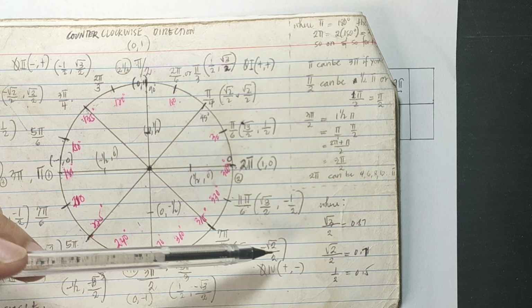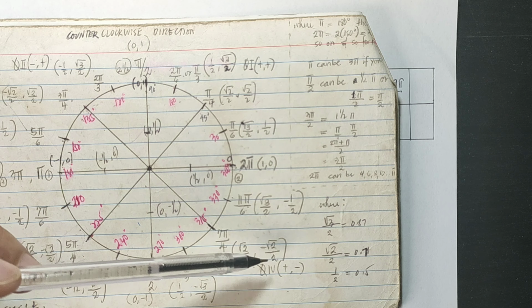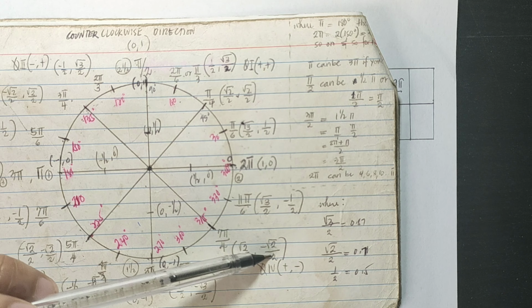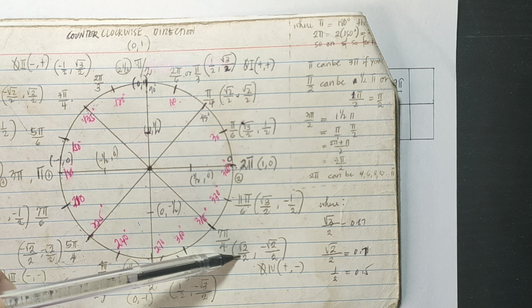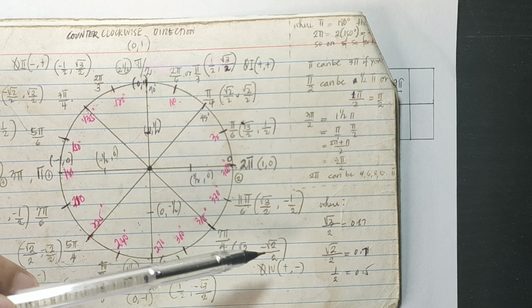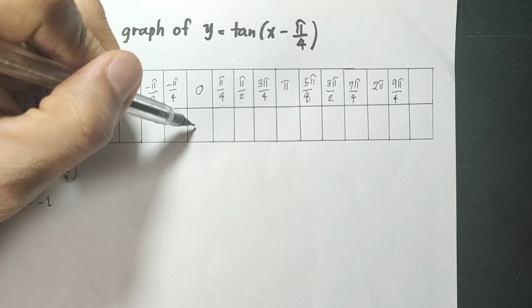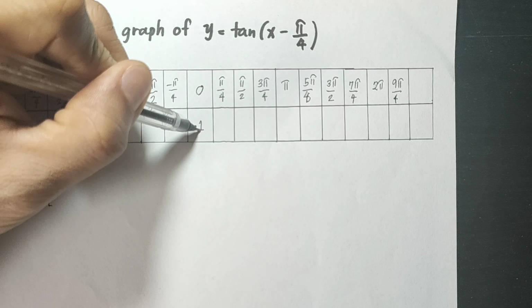And the tangent of this, since the coordinates are the same, if we find the y coordinate over the x coordinate, that will be 1. And the sign will be negative since they are different. So we will get negative 1. Okay? And I can now replace the value of y in the table of values, which is negative 1.